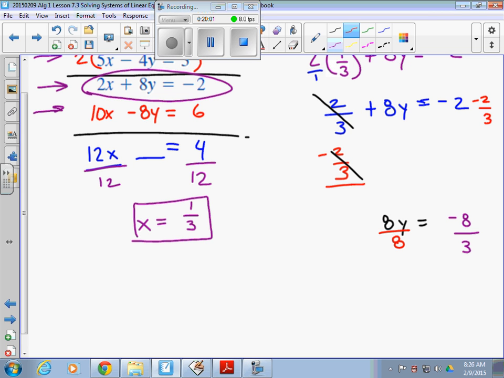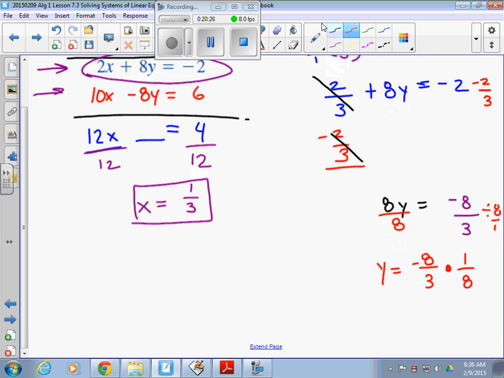Remember, when you're dividing fractions like this, dividing by 8 is the same thing as multiplying by the reciprocal. The reciprocal is multiplied by 1 over 8. So y equals negative 8 over 3. Notice you don't change the first fraction. You change division to multiplication. 8 over 1 becomes 1 over 8.